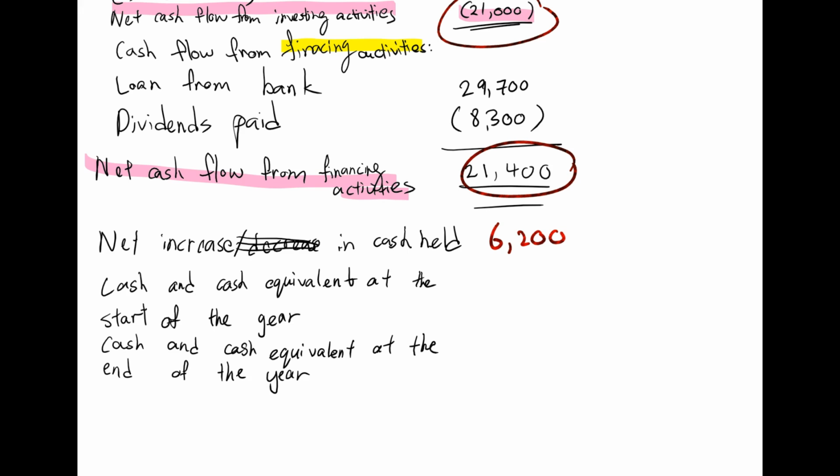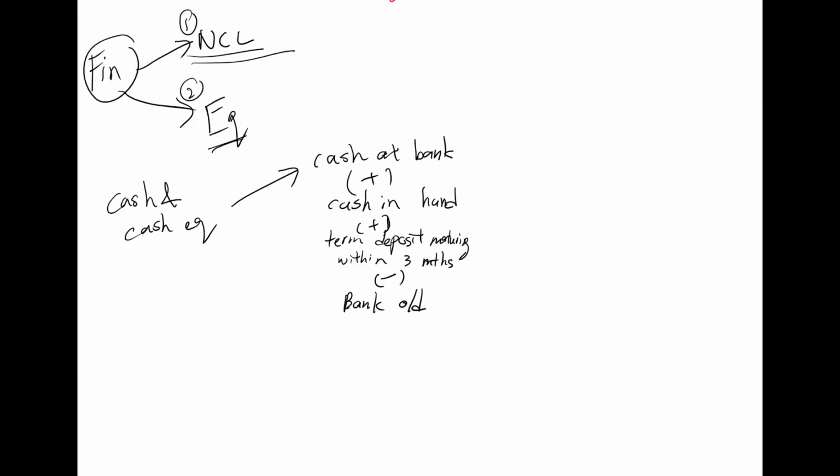Okay, so for cash and cash equivalent, it equals cash at bank, cash in hand, term deposit maturing within 3 months. It has to be within 3 months, and you have to minus off your bank overdraft.